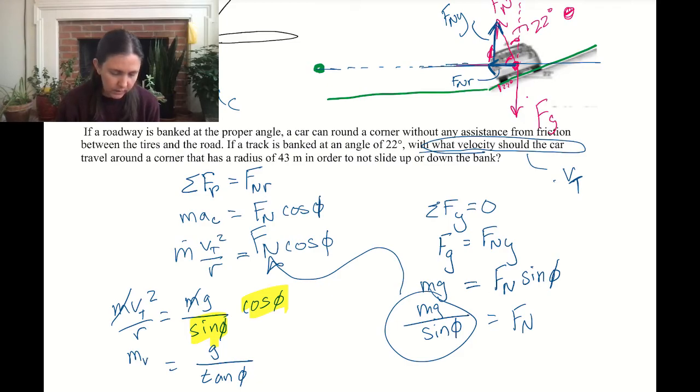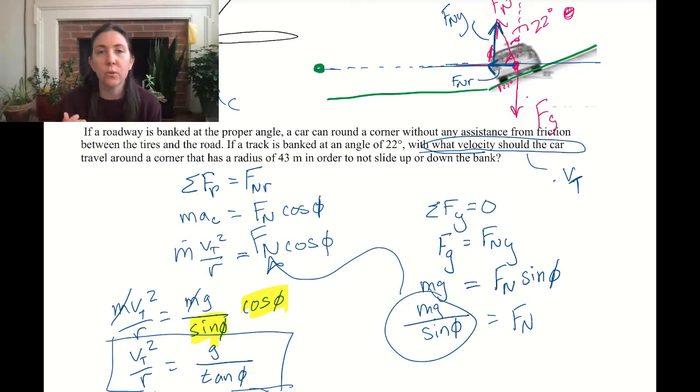Now, just something to think about here. If you had defined the other angle, if you had used theta, our 22 degrees here, then this equation looks a little bit nicer because your tangent will be in the numerator.